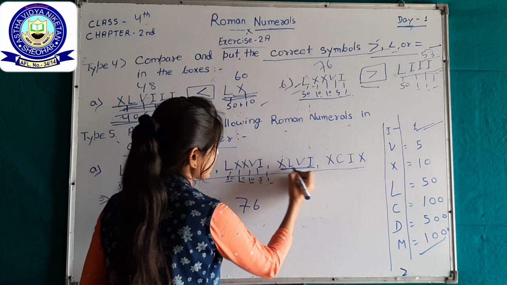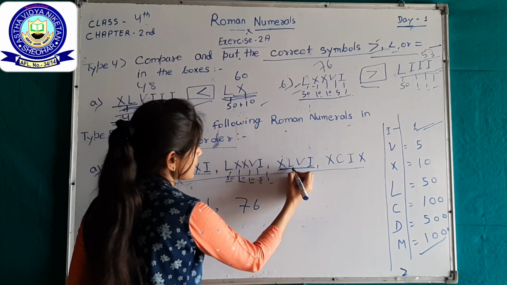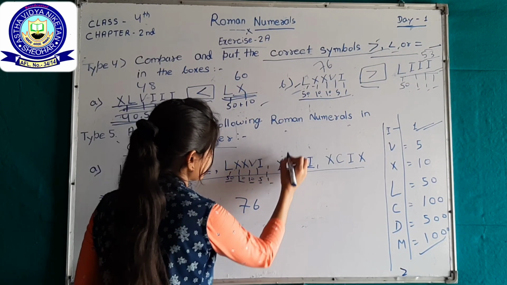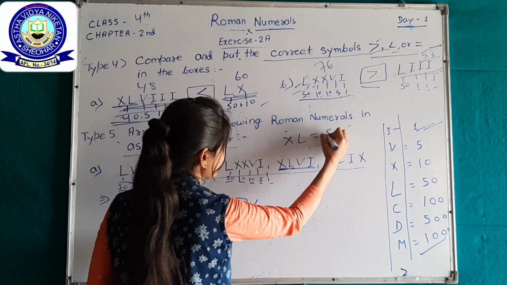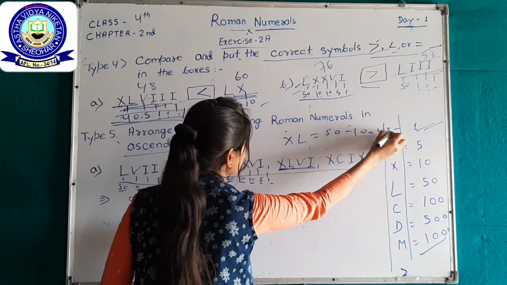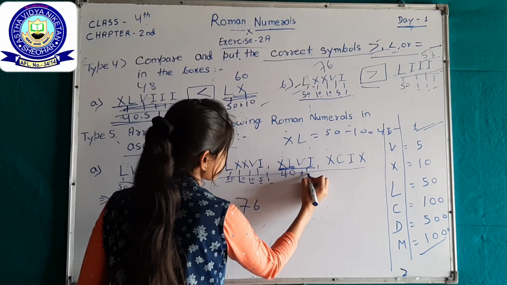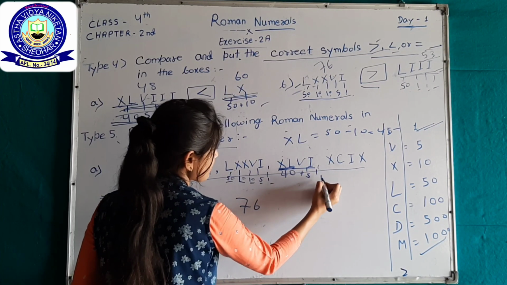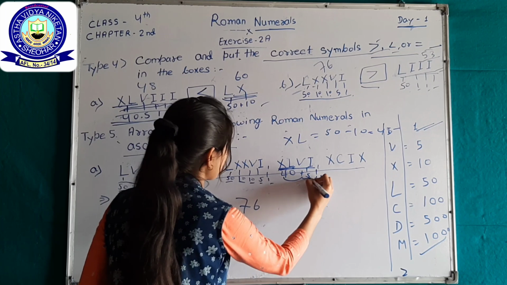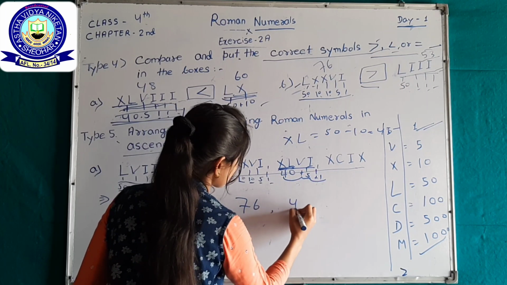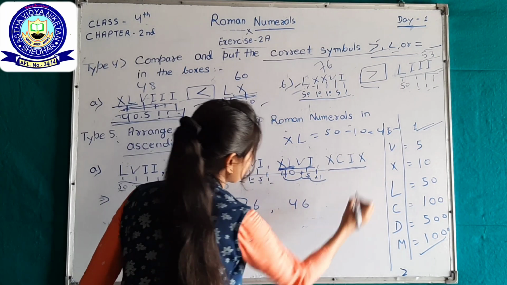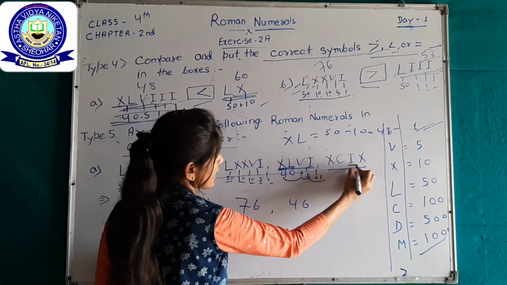And here is next. This X appears before this L, so it will be subtracted, and the value of XL equals 50 minus 10 equals 40. The value of XLVI equals 40 plus V, V means 5 and I means 1. 40 plus 5, 45 plus 1, 46. And the last, the value of XCIX.